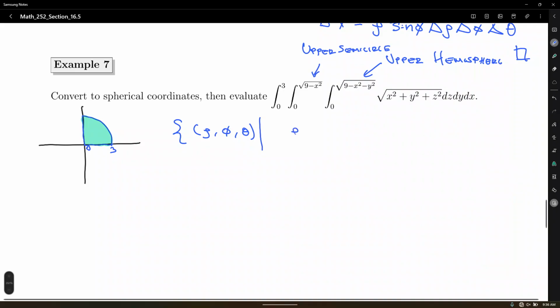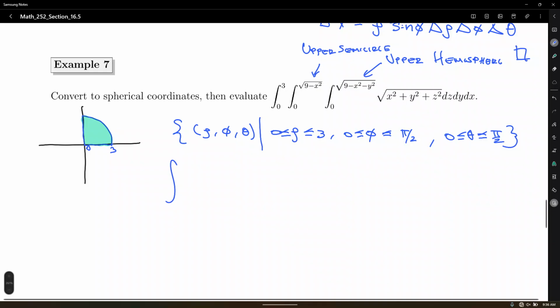So rho varies between 0 and 3, and phi varies between 0 and pi over 2. And lastly, the angle theta, the polar angle, varies between also 0 and pi over 2. All right? So yeah, guys, you don't want to evaluate that triple integral that we're given. This is the power of spherical coordinates.